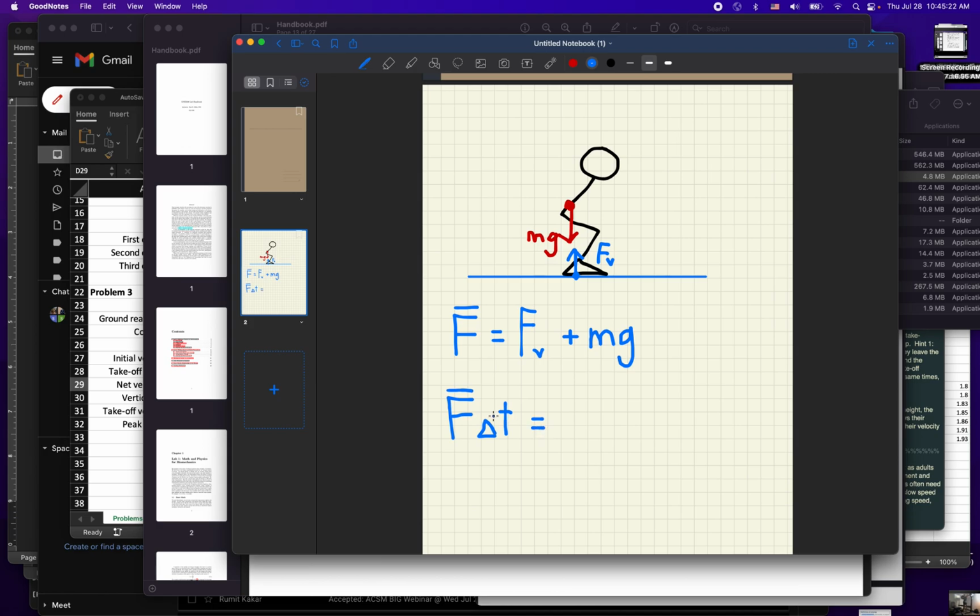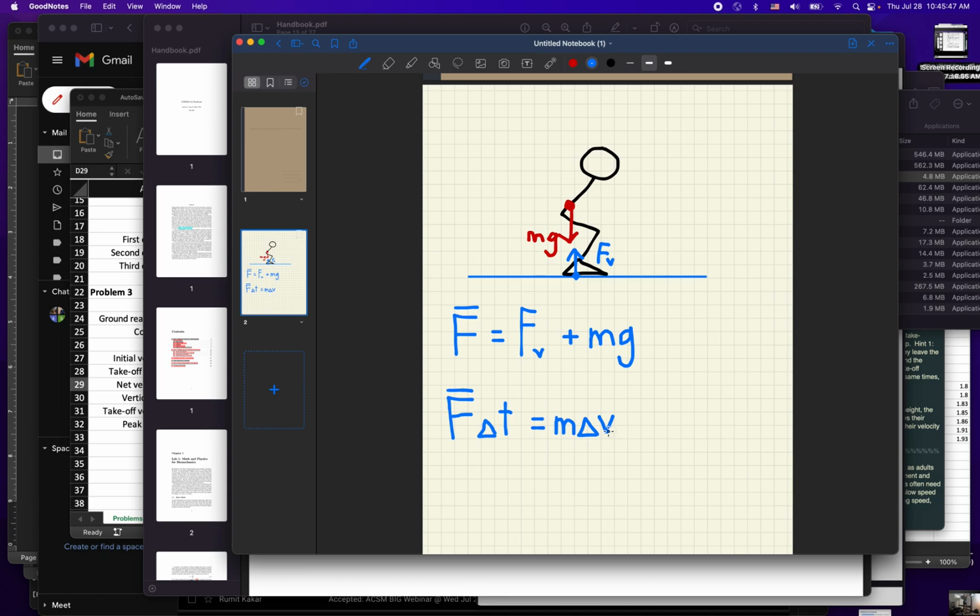And that's my impulse, my average force times the amount of time that force is applied for. So that impulse equals my change in momentum, which, if my mass is constant, which over the time span of jumping here my body's mass is staying more or less constant, then that impulse equals the mass times the change in velocity that occurs during that time.